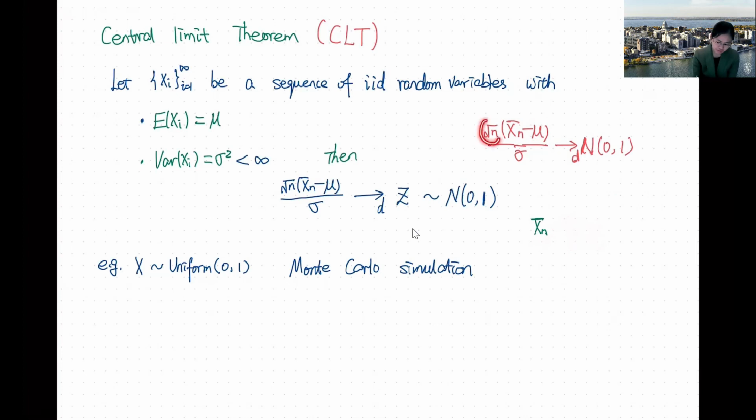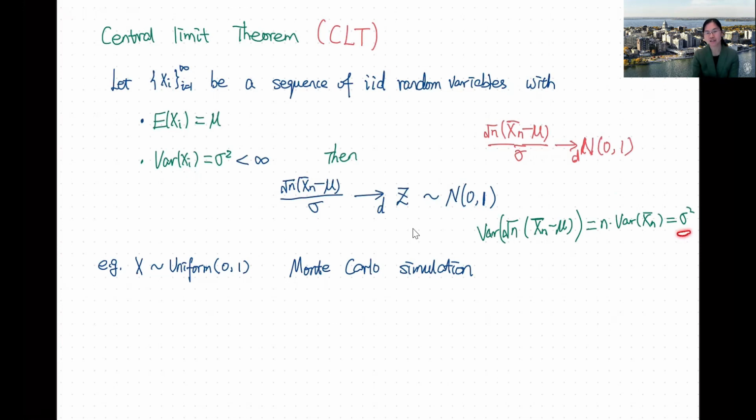So the reason for that root n is to stabilize the variance of X bar. If you subtract off the mean and multiply by root n, then the variance of this scaled version of the random variable is n times the variance of X bar, and that is sigma squared. And that is stable for any n.